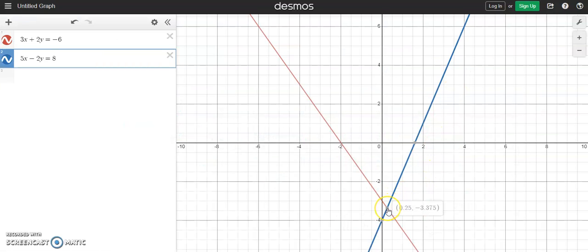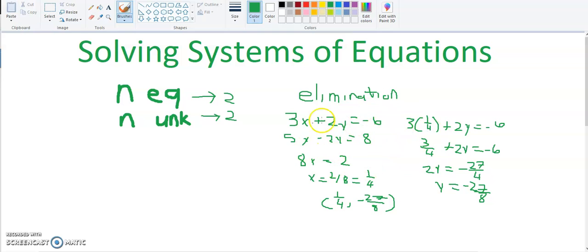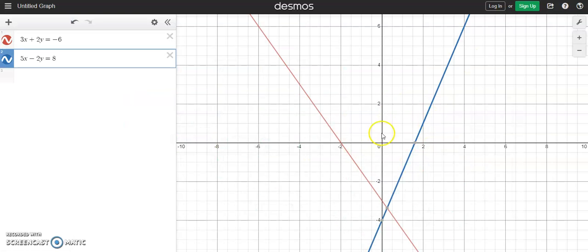So that is exactly what we get. The answer to a system of equations is where those 2 lines intersect. So if the equations are easy to graph, you can also solve a system simply by graphing and looking at where they intersect. This is the algebraic way to solve it, and this is the graphical way, and both should give you the same answer.